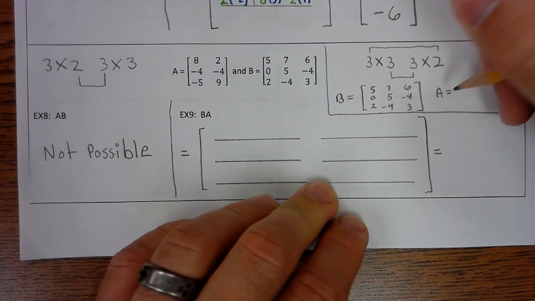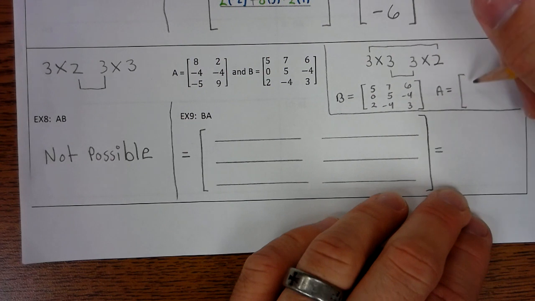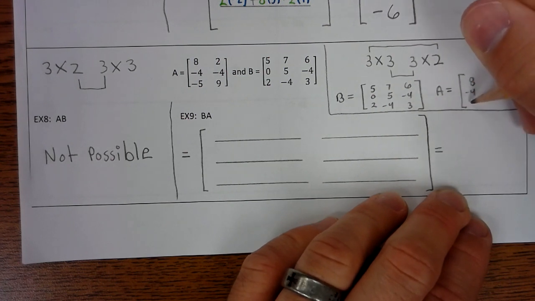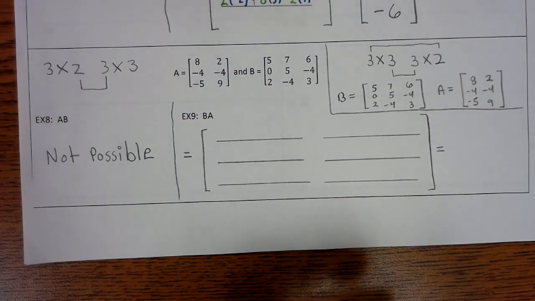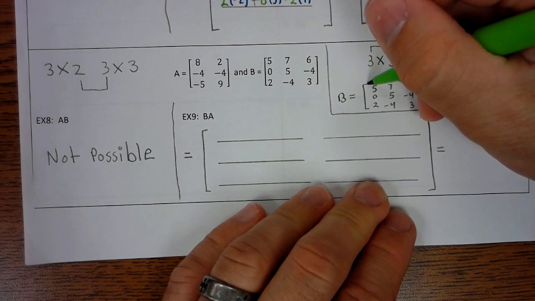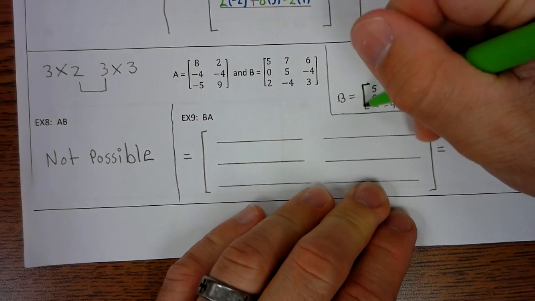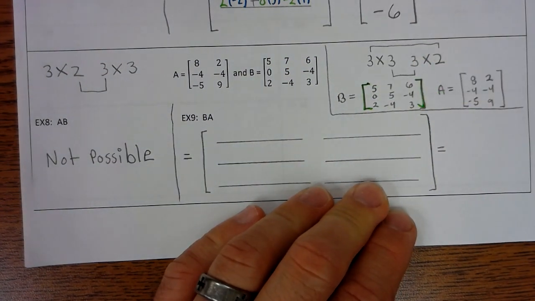And A equals 8, negative 4, negative 5, 2, negative 4, 9. Remember, B is green and A is blue.